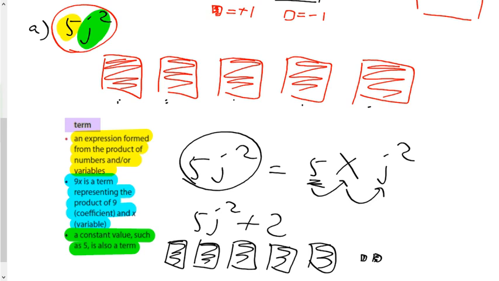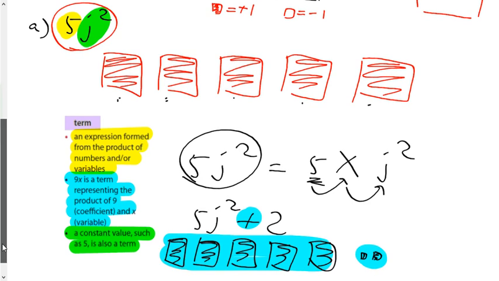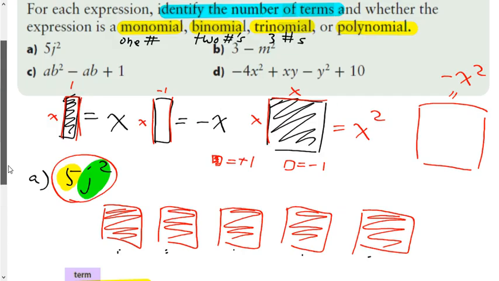It's not the sum, which is our vocabulary word meaning addition. We have 1 term, the 5j squared, and another term, the constant 2. Would that be a monomial, binomial, or trinomial? Yeah, it's a binomial. Good.